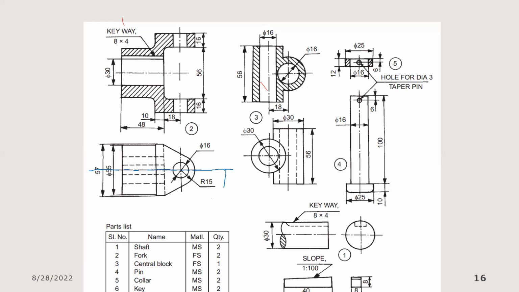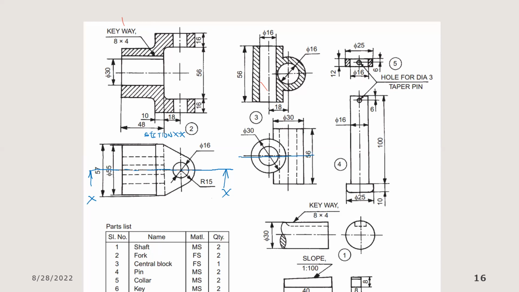You can call it anything. Maybe this is XX. So this front view is actually section XX. Then the same applies over this place.